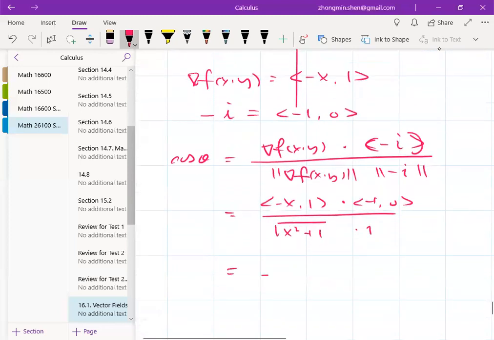So you will see that the numerator is just x plus 0.